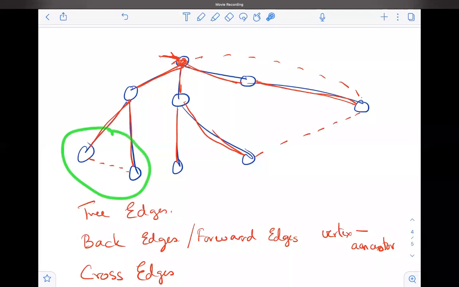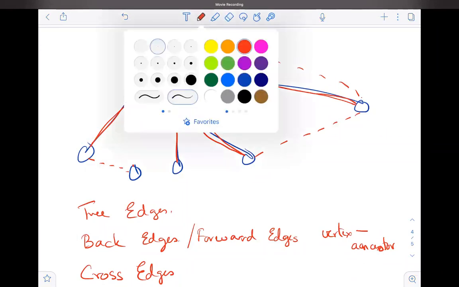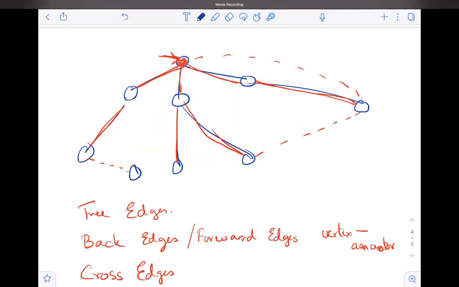Of these two, let's assume that this one was visited first, just for the sake of it. So at that time, how would the graph be looking like? There will be no edge here. At that time, the graph would be looking like this, and there's an edge from here. In that case, the DFS algorithm cannot say that, oh, I don't have any other neighbor. DFS will have a neighbor like this.